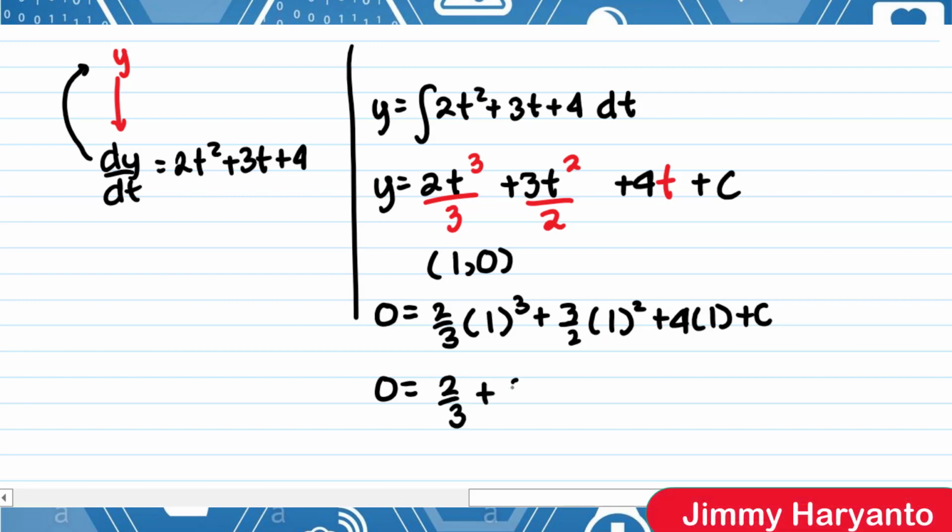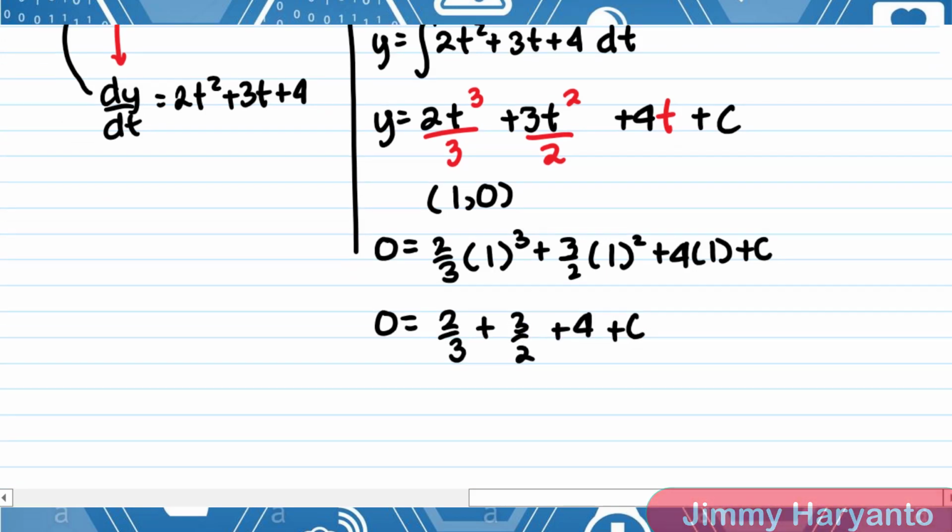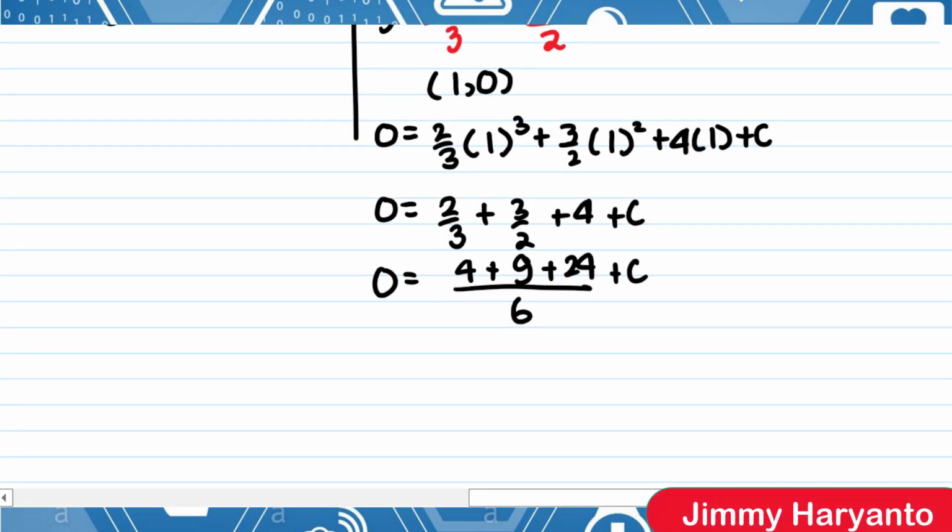2 over 3 plus 3 over 2 and then plus 4 plus c. Make the denominator equal over 6. 4, 3 times 3, 9. This one is 24 and then plus c. 0 equals to 13, 37 I think, over 6 plus c.